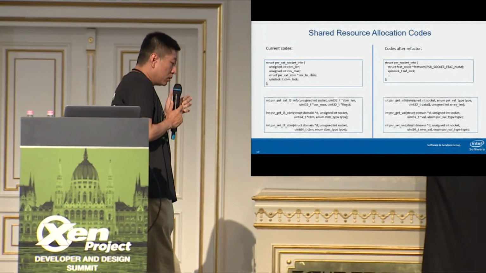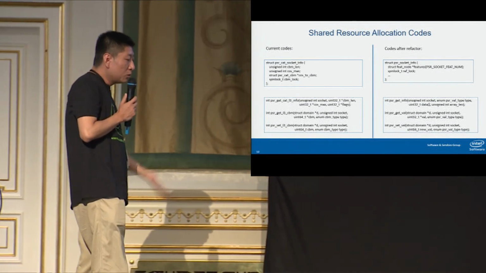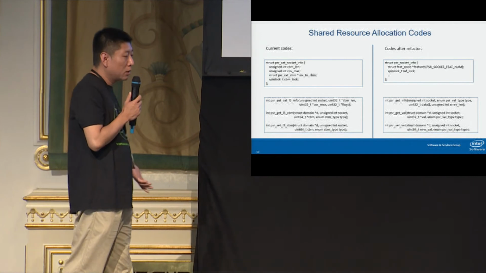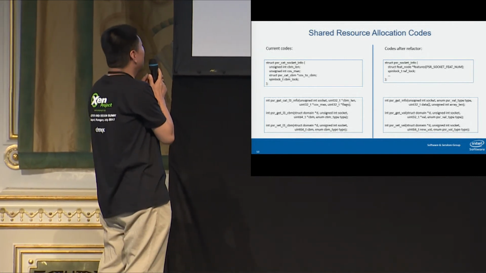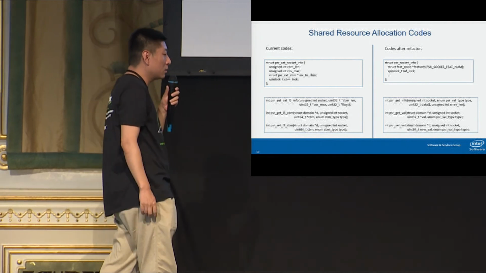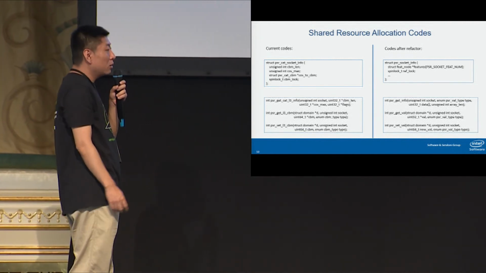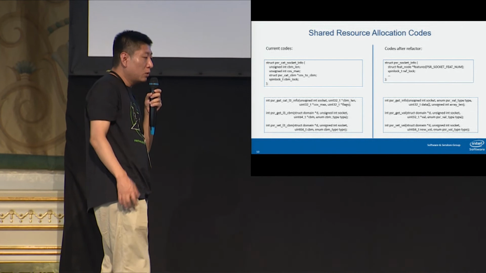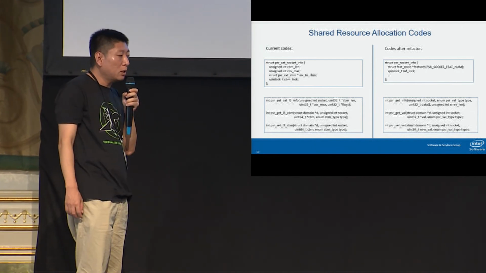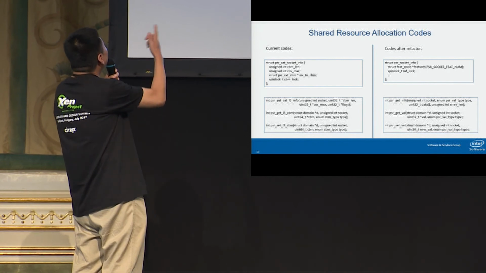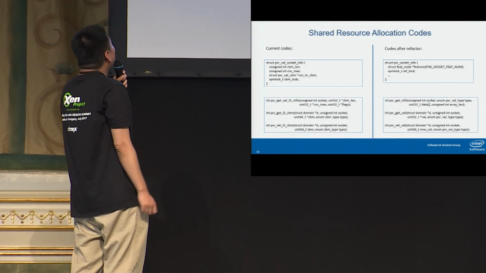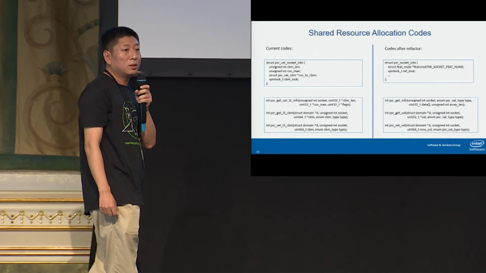Okay, next we need to refactor the Xen code. As you can see, the left side is the current implementation in Xen. The psr.c is what we are doing for the RDT allocation feature, and as you can see, it's only used for L3 CAT and CDP.